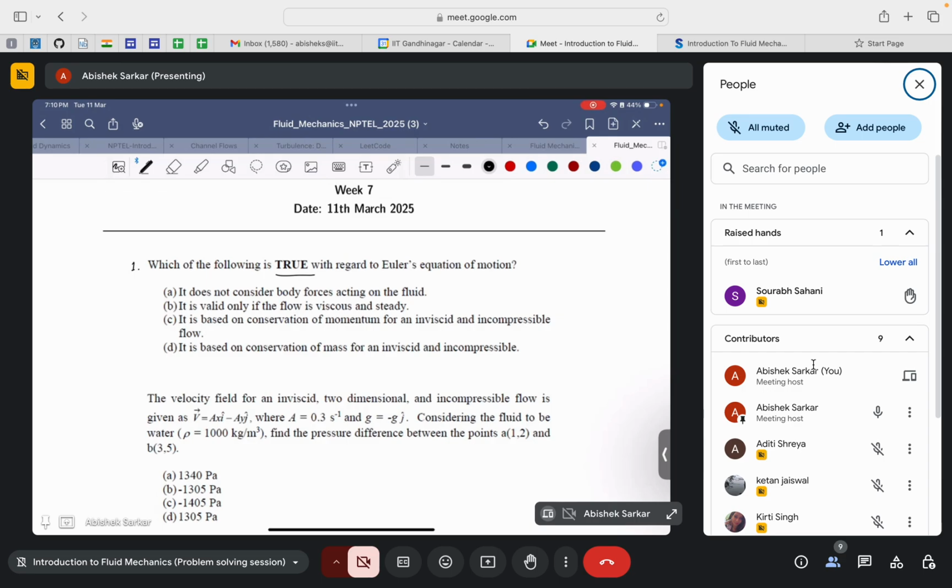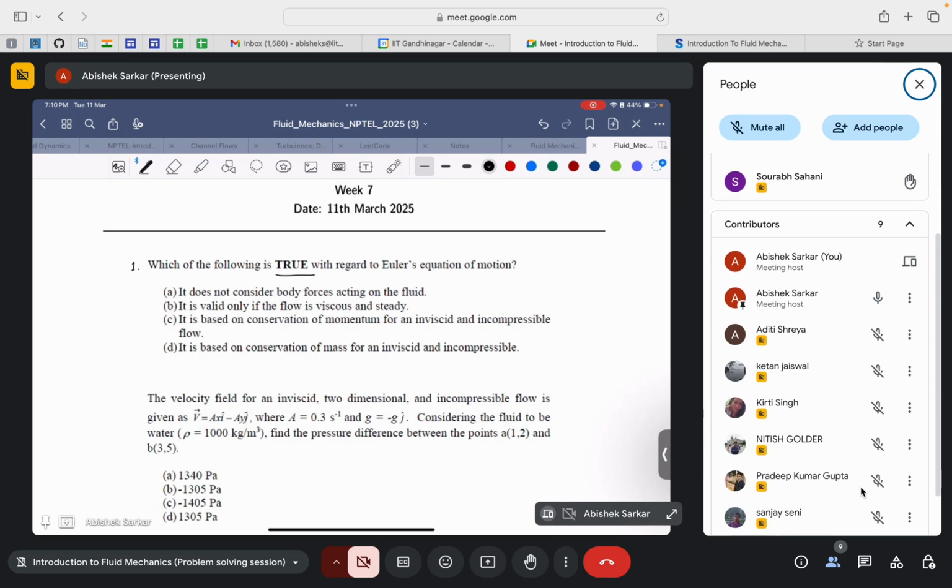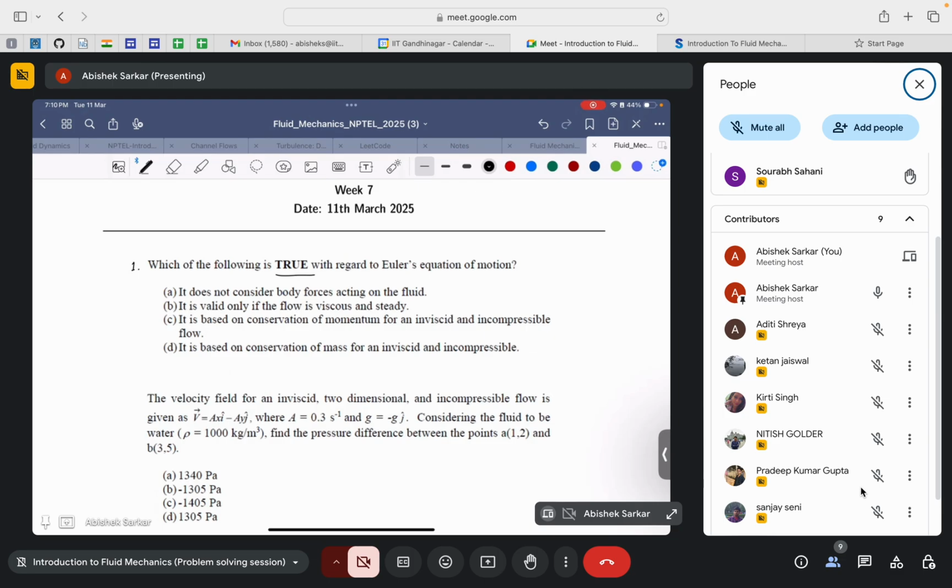Okay, Saurabh, you have any doubt? You can unmute yourself and ask. Sir, we did not assume any incompressible flow regarding Euler's equation of motion. Okay, let me go back.